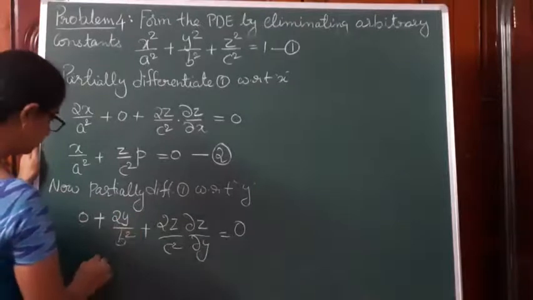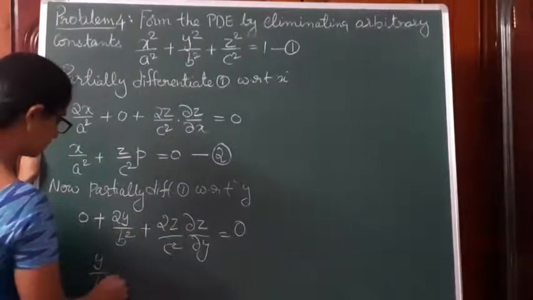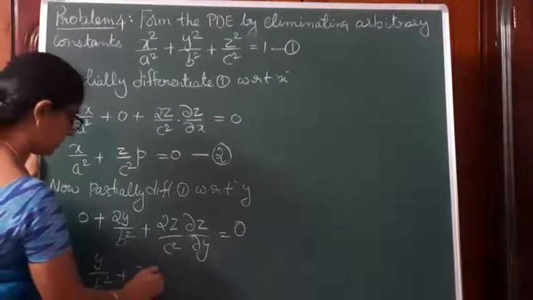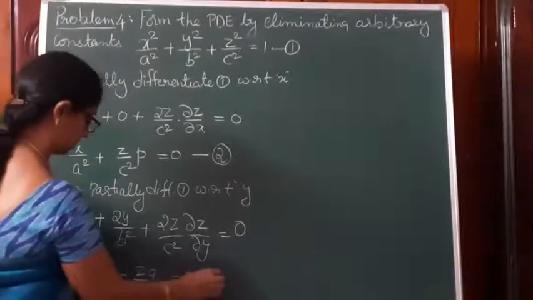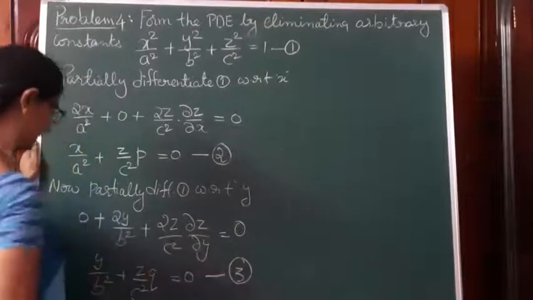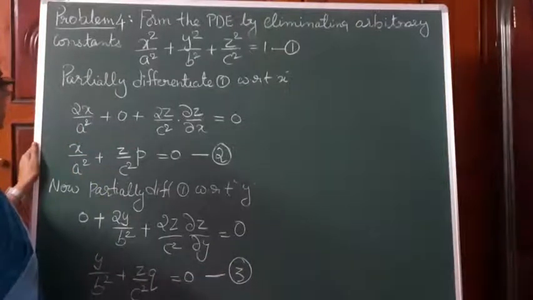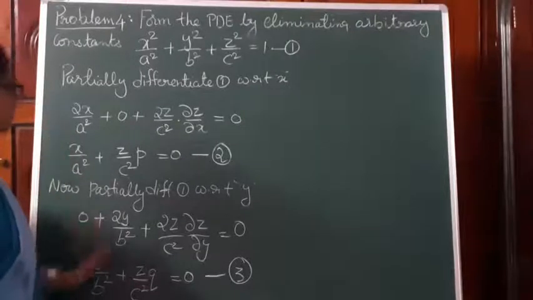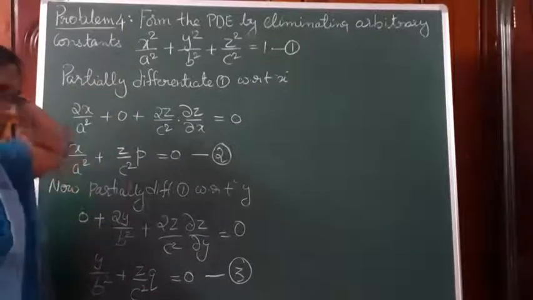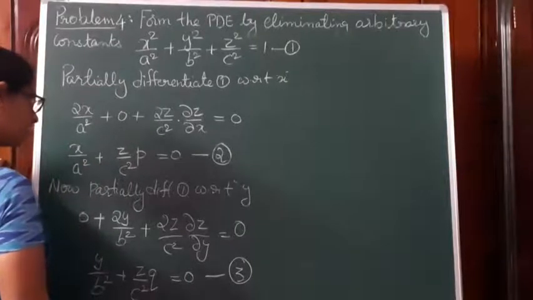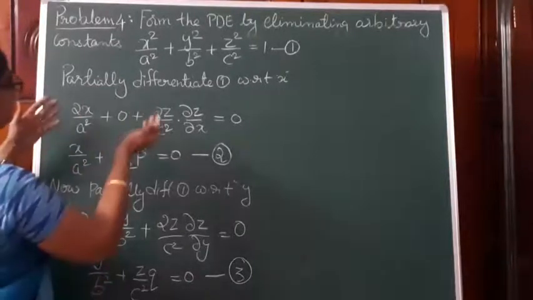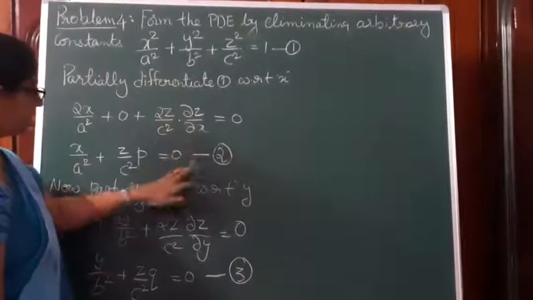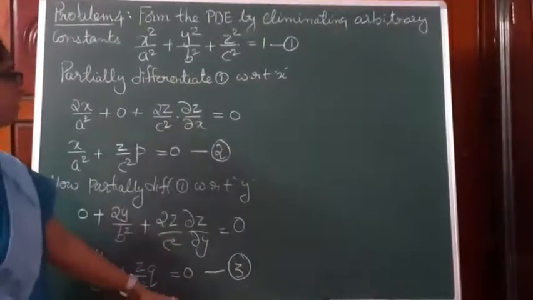Now cancelling 2, we get y by b square plus z by c square into dou z by dou y, which is q, is equal to 0. Call this equation 3. So from 1, 2 and 3, check whether we can eliminate a square, b square and c square. I think it is not possible here, because by substitution or by division anyhow we cannot eliminate a, b, c from equations 1, 2 and 3.